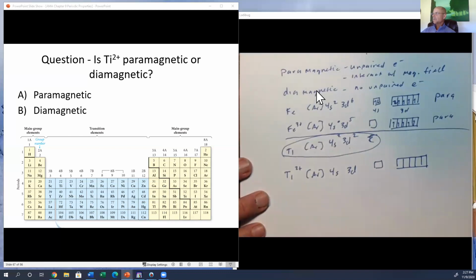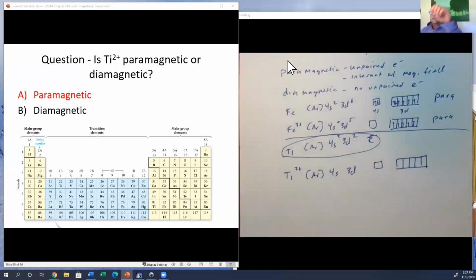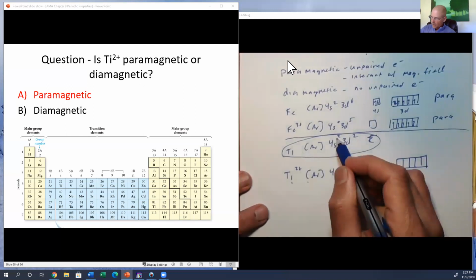Okay, 5 more seconds. Okay, not bad. The answer was A. Most of you got that, but some of you didn't. I think it's just because you probably took the electrons out of the wrong orbital. So when I form the Ti2 plus ion, remember, because it's a transition metal, the s electrons go out.